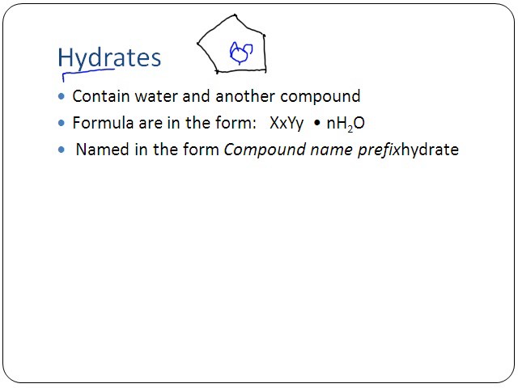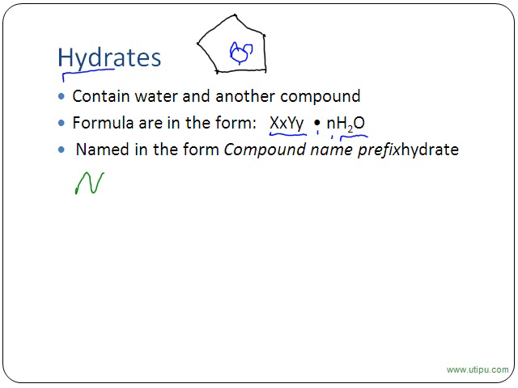The way you write out the formula for a hydrate is you write out the formula first. That's like our XXYY right here. And then you do a dot, and then you put nH2O, where n is the number of water molecules for every one molecule of the original compound. An example: let's suppose we had a hydrate of table salt. This doesn't actually happen very often, but if it did, this is basically how it would work.